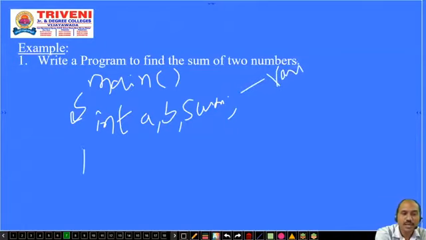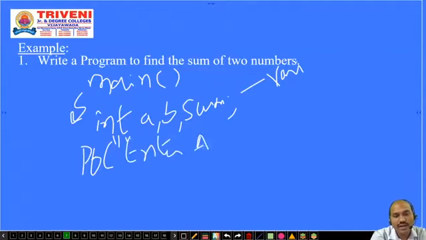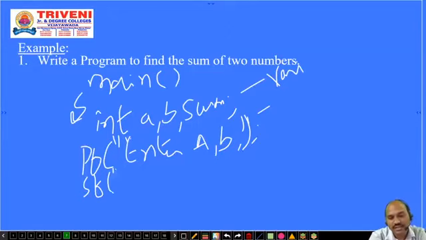The next one is printing the statement, that is printf: enter a value and b value. In the same way you write the statement. Next, scanf for the two values. The printf statement is a writing statement.